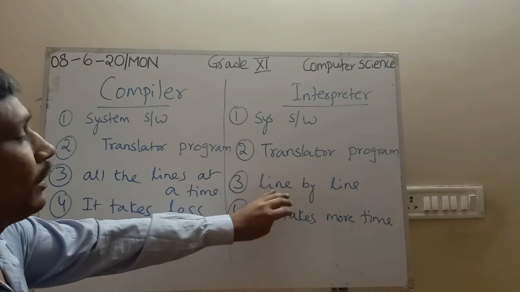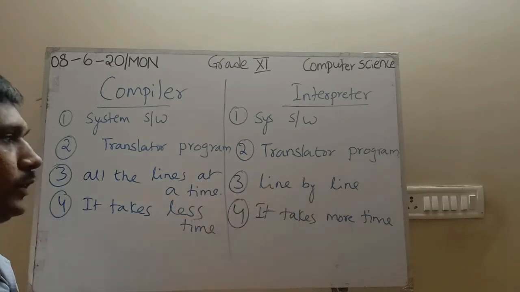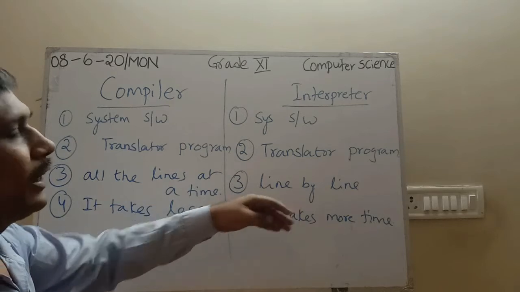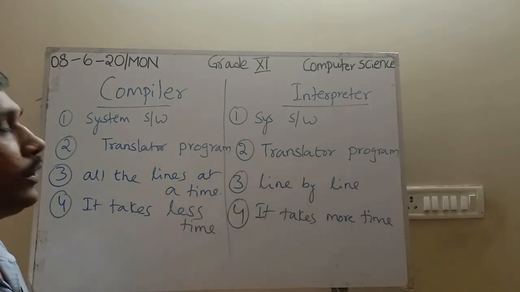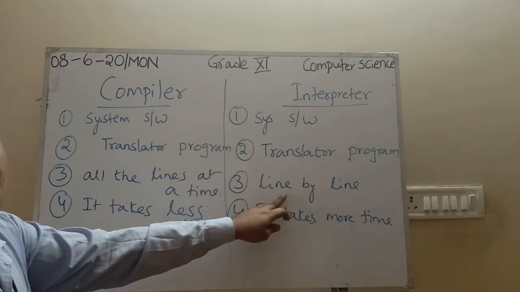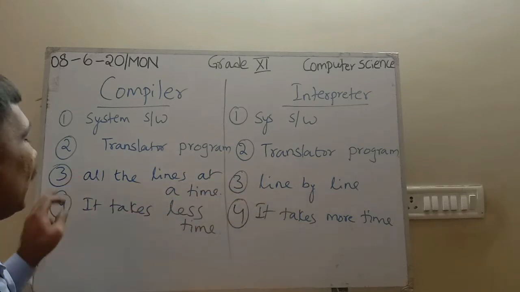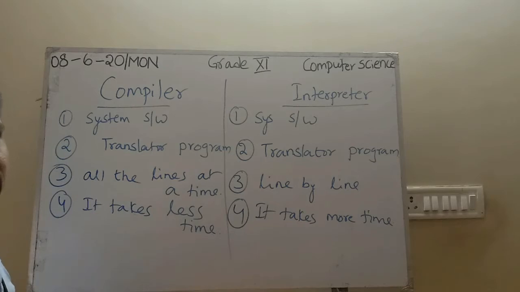It takes one line at a time, so it executes line by line. First it takes a source code line, then converts it into an object code line. In the compiler, all the lines are taken at a time and converted from high level language program to machine level language program.